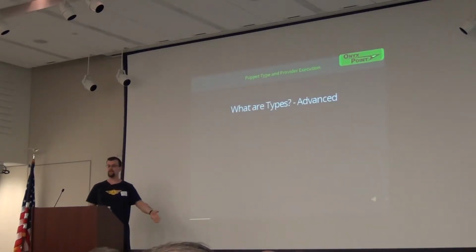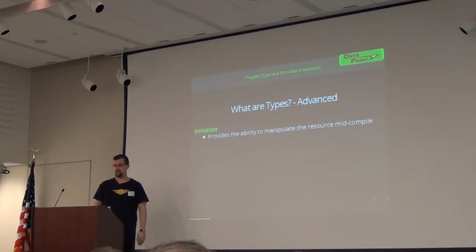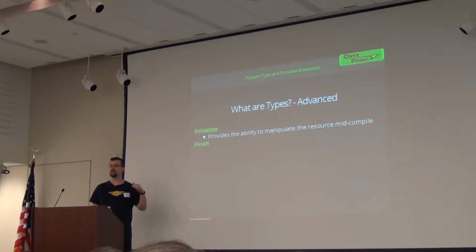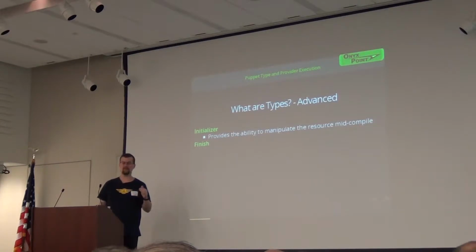So what are types? The advanced portions. We have an initializer, like most Ruby objects. This provides you the ability to manipulate your resource mid-compile. What that means is you can adjust your catalog as your resource is being created. I'm not sure you guys exactly want people to do that, but it is possible.